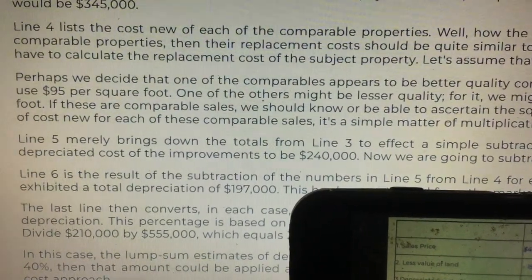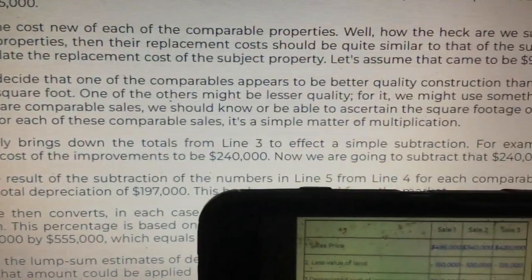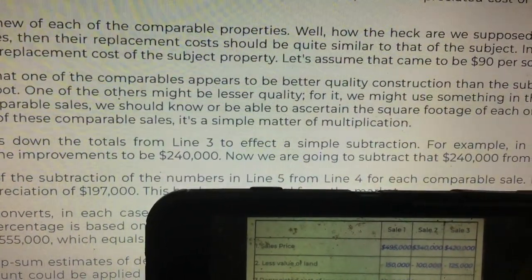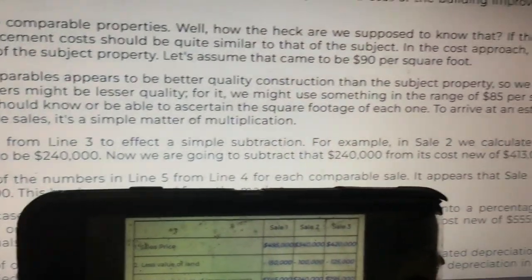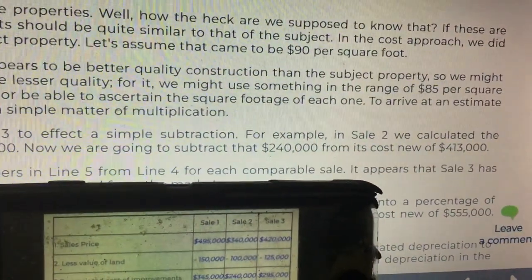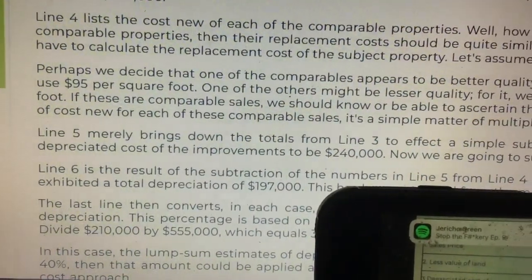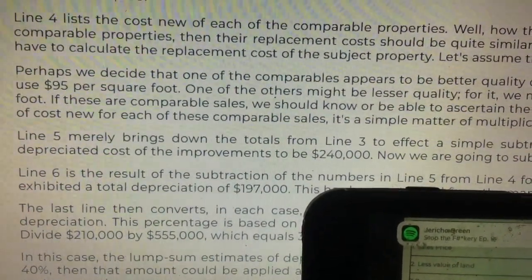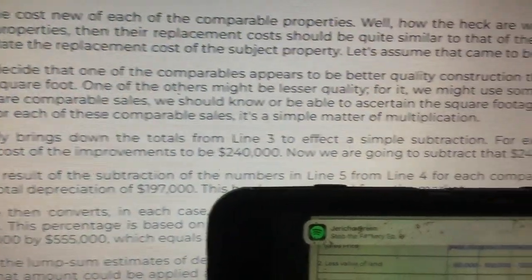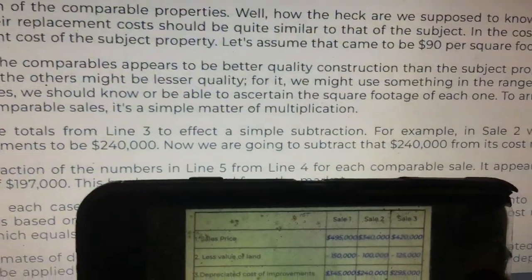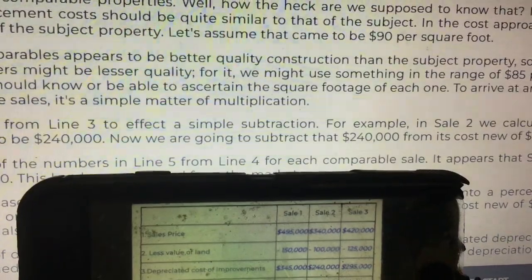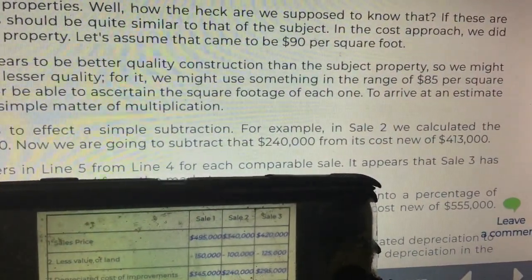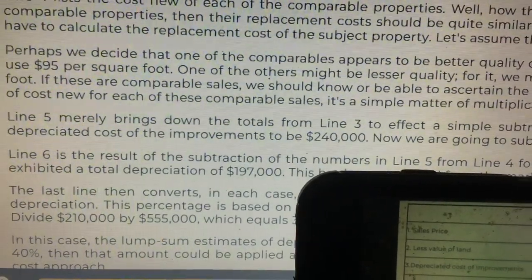Perhaps we decide that one of the comparables appears to be better quality construction than the subject property. So we might use $95 per square foot. One of the others might be lesser quality. For it, we might use something in the range of $85 per square foot.